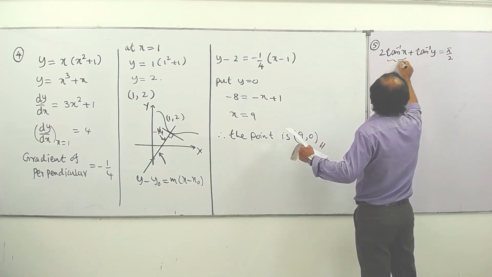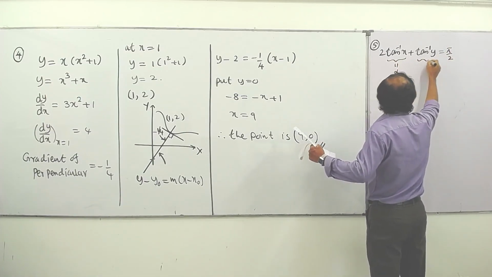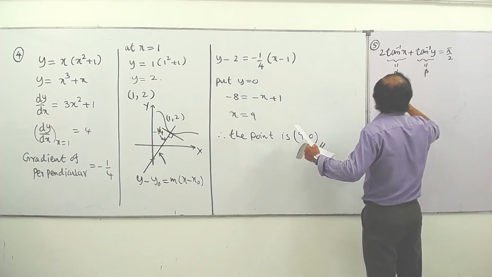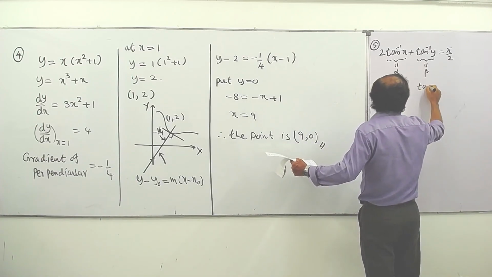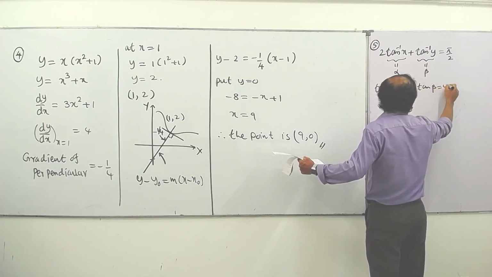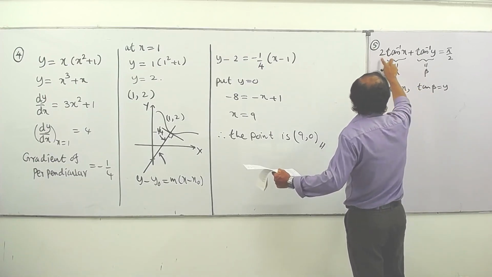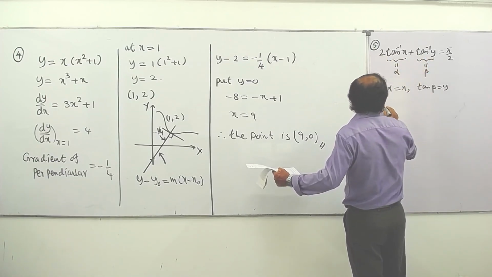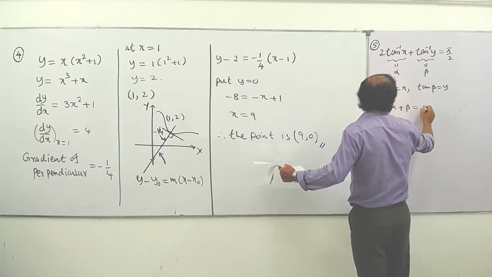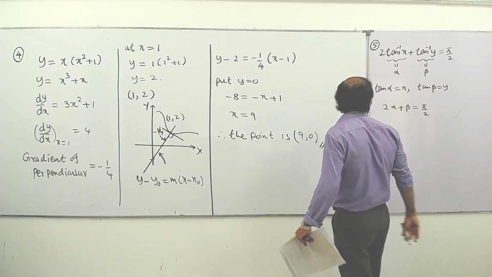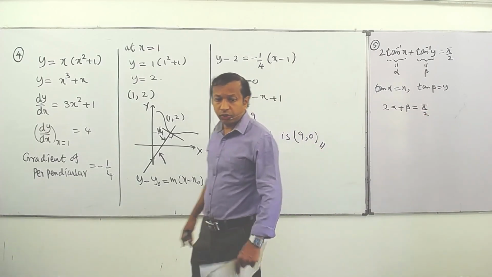We'll take this angle as alpha and this as beta. Then we get tan alpha equals x, tan beta equals y. Then this equation becomes 2 alpha plus beta equals pi by 2.